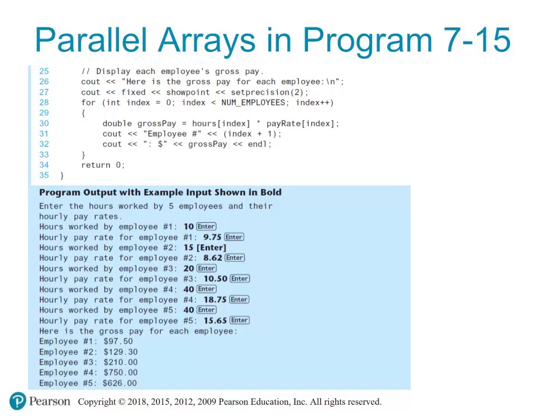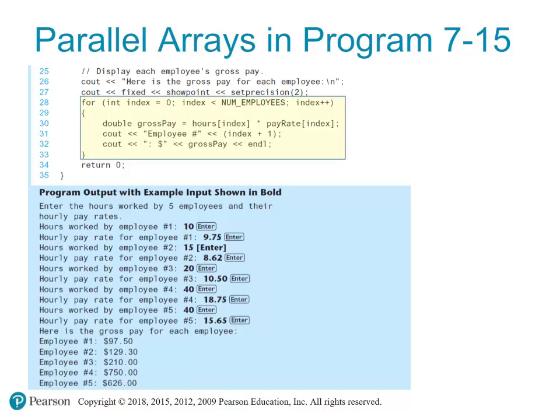The main objective for this part of the program is to calculate the gross pay for each employee and display it. We start by setting the output stream to display floating point numbers in fixed point notation with 2 decimal places. This ensures that the output is easy to read and consistent. A for loop iterates over each employee's index.